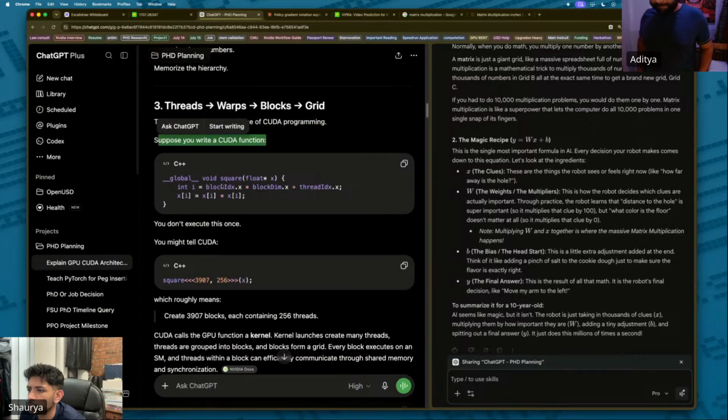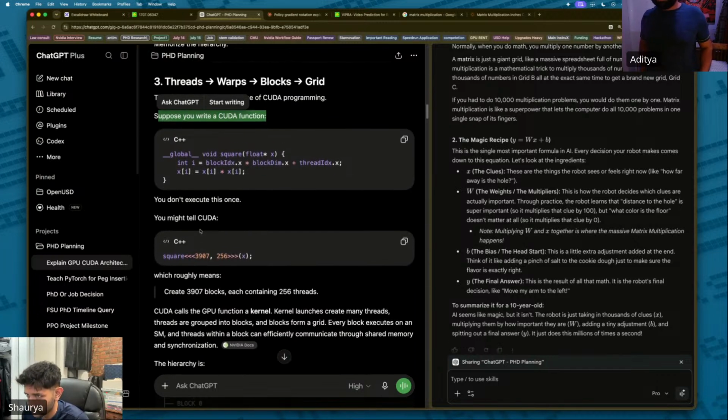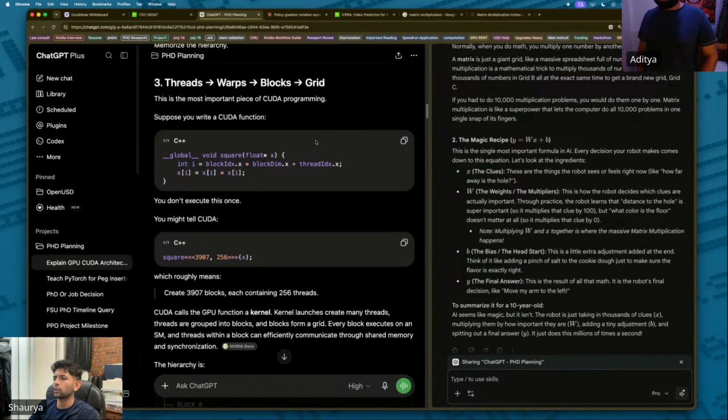Suppose you write a CUDA function. So basically you're just saying how many threads to use.